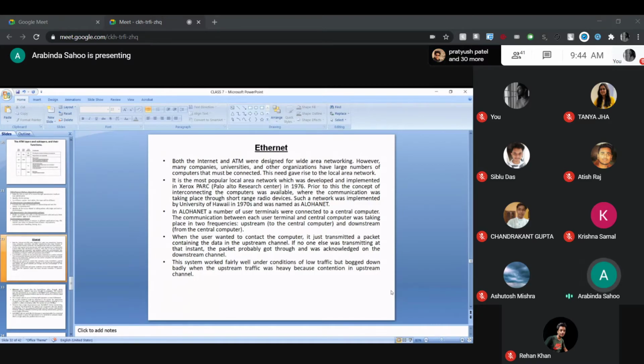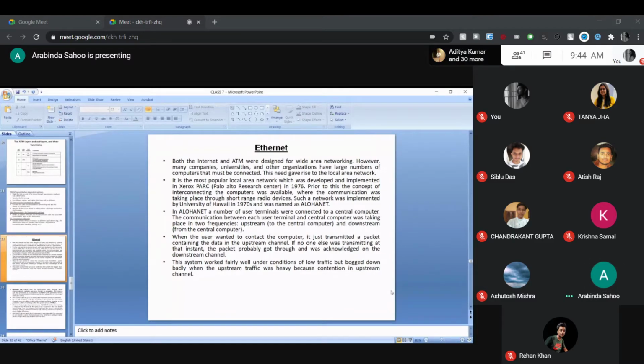This need gave rise to the local area network, and finally this type of local area network is known as Ethernet. This is a standard.